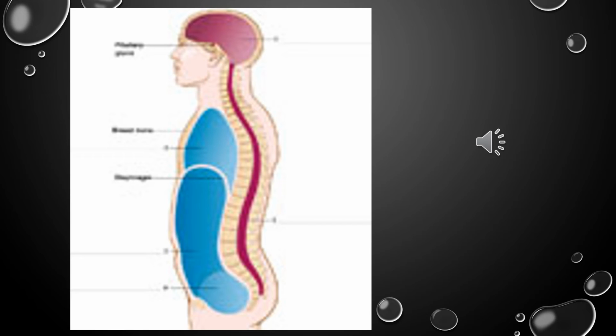And number 2 is the thoracic cavity. And then there's the abdominal cavity and the pelvic cavity and the spinal cavity, and you can fill them in so you can see where they're located.